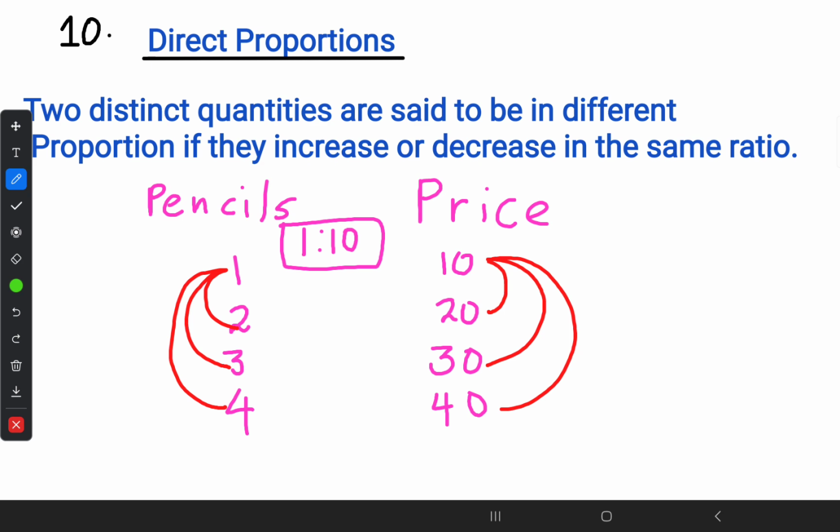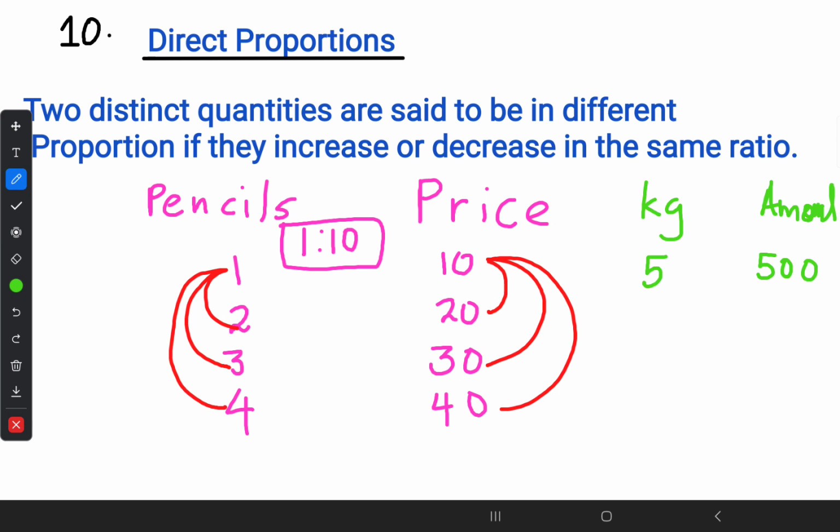When we think about a decreasing instance, I will take the number of kilograms of rice and the amount. For example, I will take 5 kilograms of rice, that is 500 rupees. 5 kilograms of rice, 500 rupees.